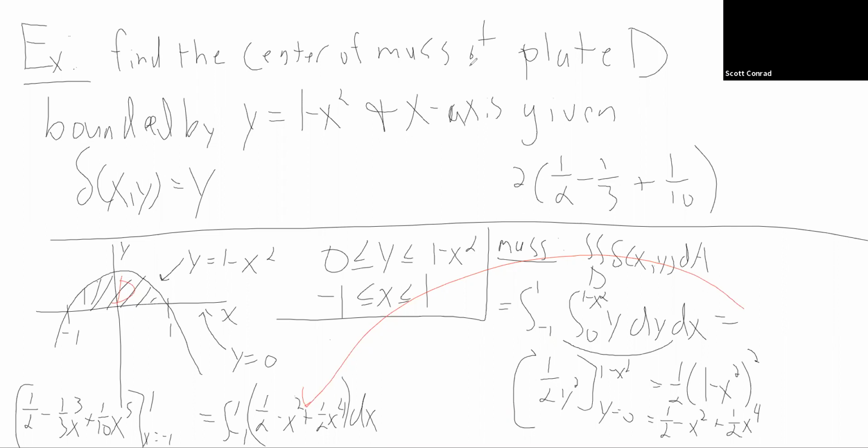Let's just go over 30. So we get 15 minus 10 plus 3 over 30. So we get 8 over 15. So that's going to be our mass.